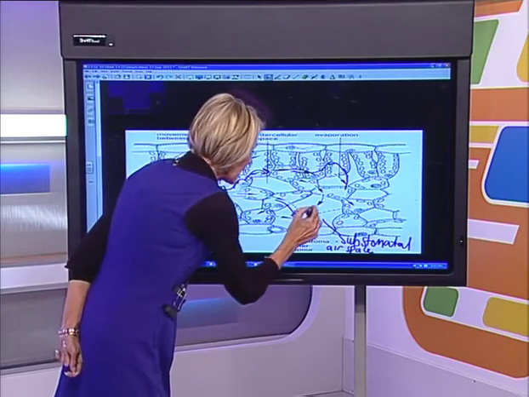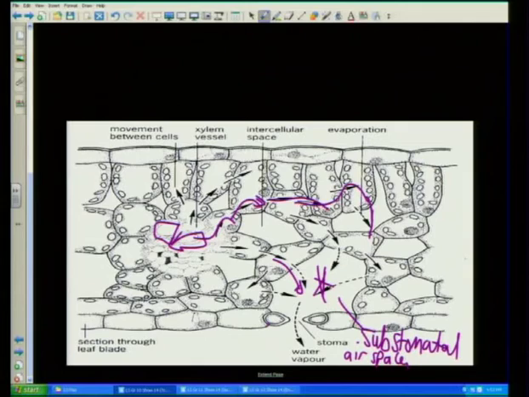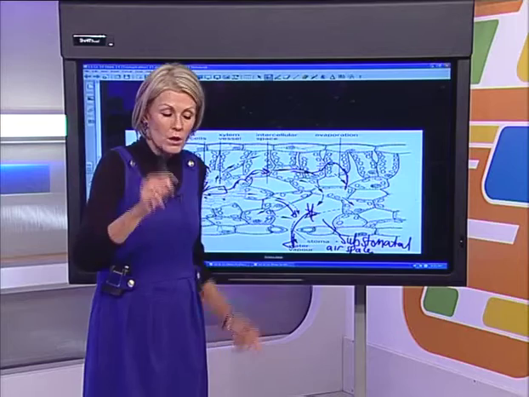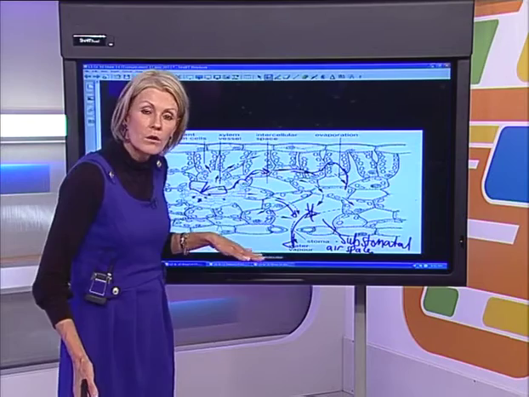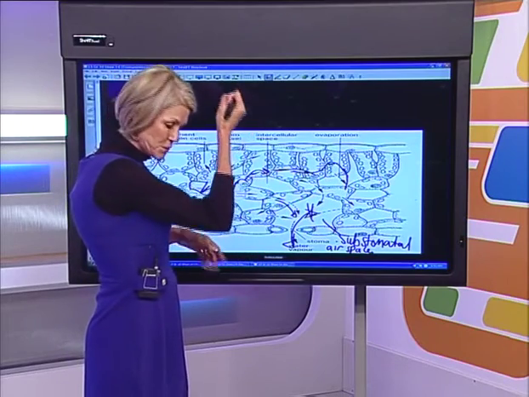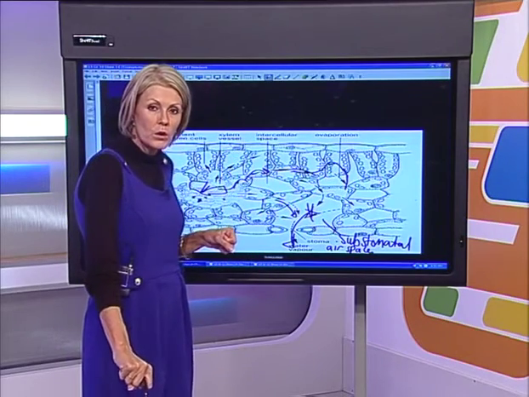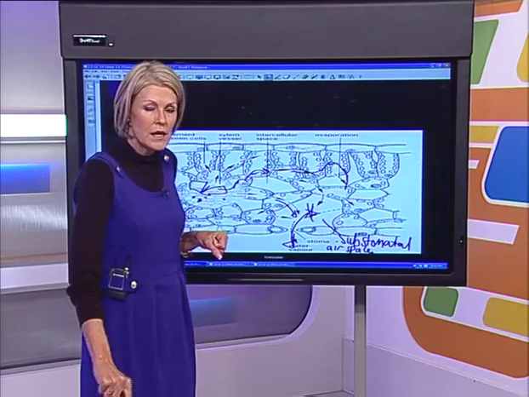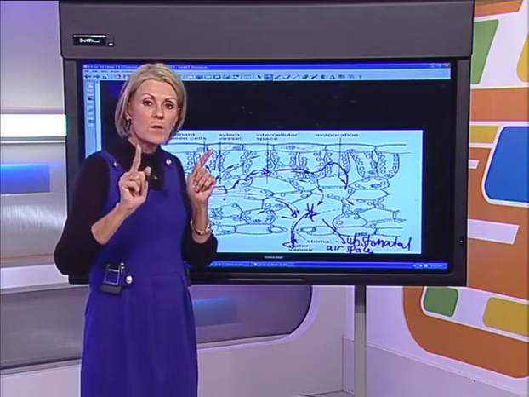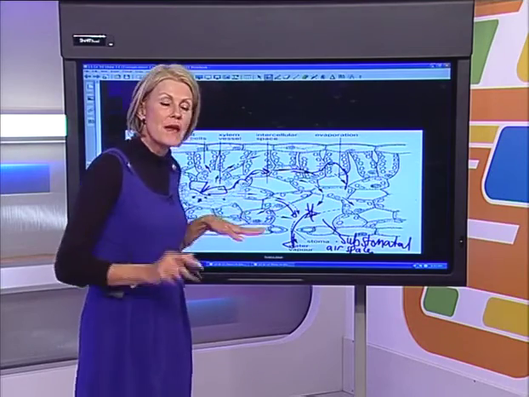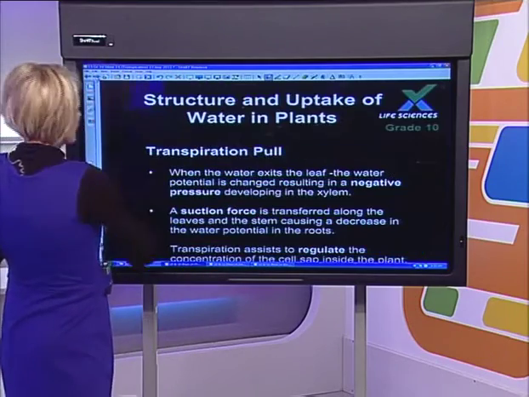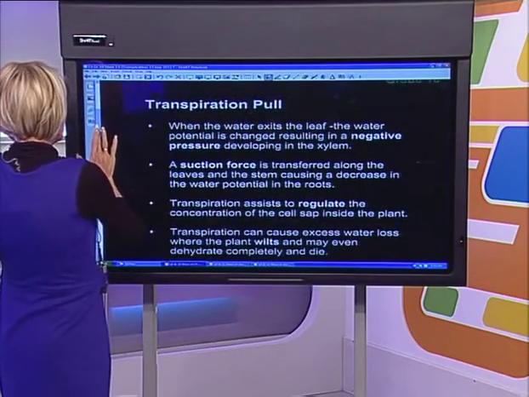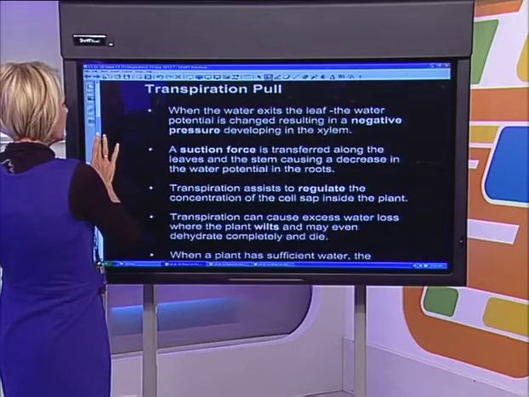Once it is here in the air space, and it moves out through the stoma, which is the pore, to the atmosphere, is there a membrane there? No. So from the substomatal air space out through that pore is diffusion. Diffusion, not osmosis, because there is no membrane from the substomatal air space out through the stoma. All right, that's a nice trick question, especially if you are at an IEB school.